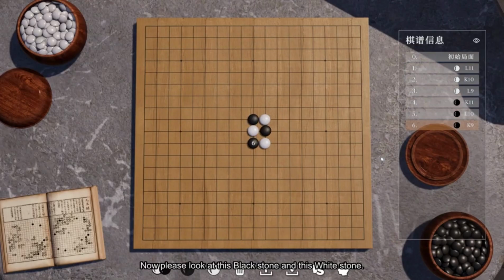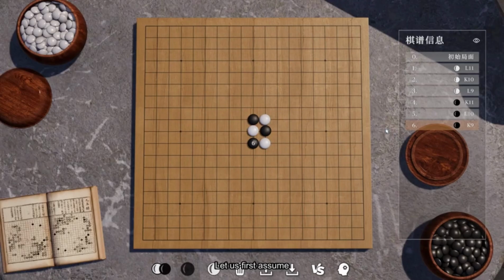Now please look at this black stone and this white stone. Both sides are in Atari against each other. Now black moves first. How should one deal with this?